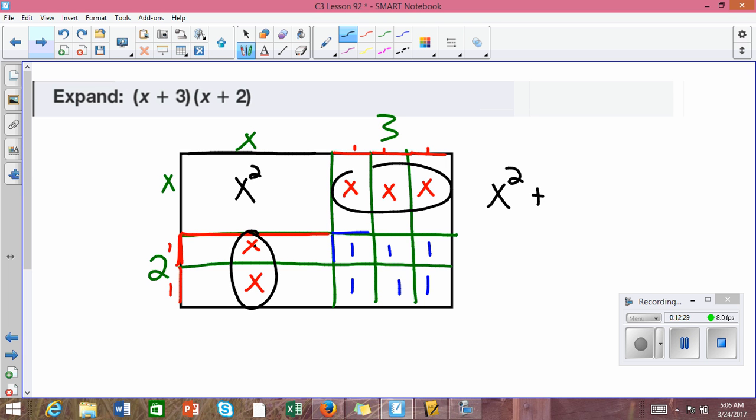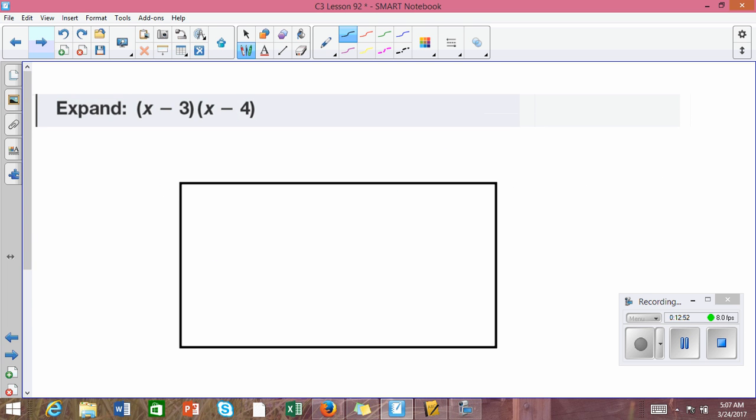We have x plus x plus x plus x plus x, which is 5x. And then at the end we have 6 constants. So there's just another way of looking at that expansion. You can choose whichever way you would like to use. Make sure you write both of them down so you remember that there are 2 options here.